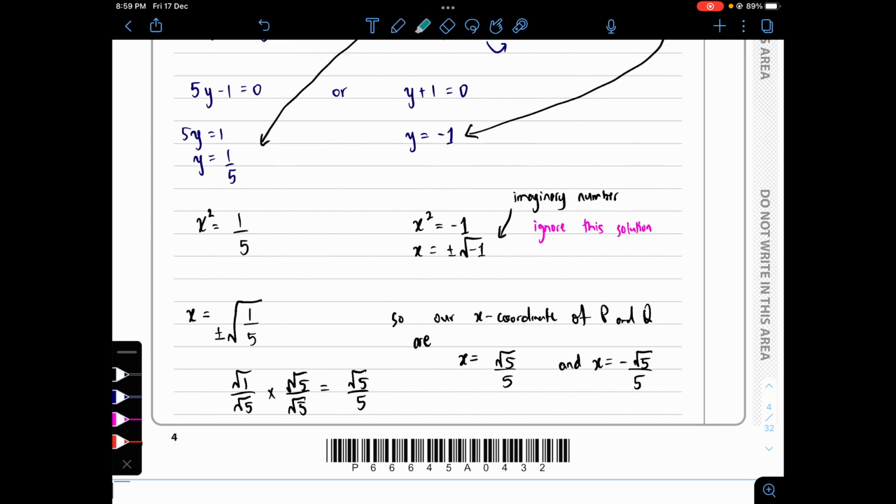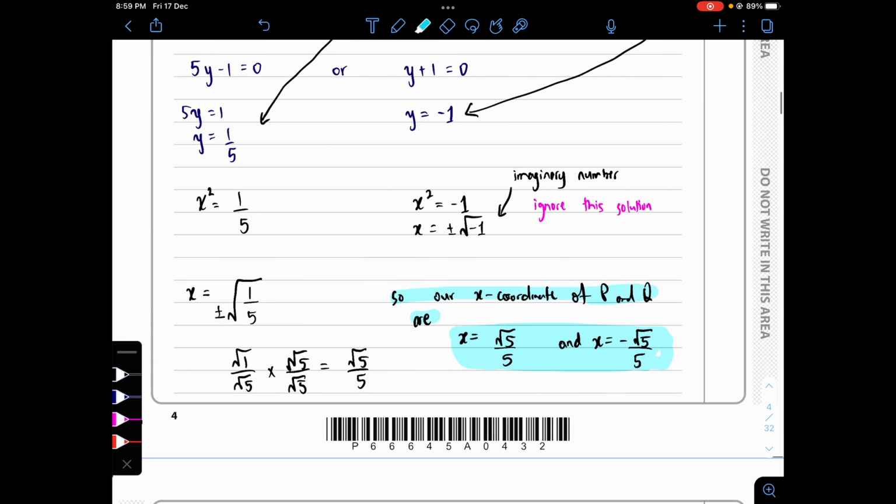So these are our x coordinates. So now we can just highlight them. So this is the answer. And it's important you state that you're leaving this out because it doesn't exist.